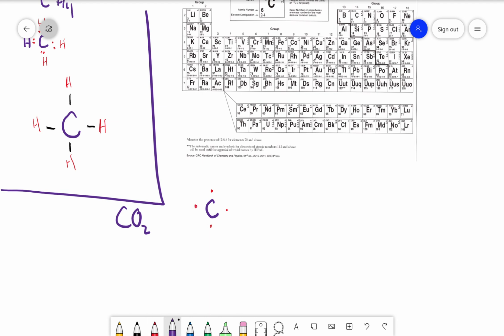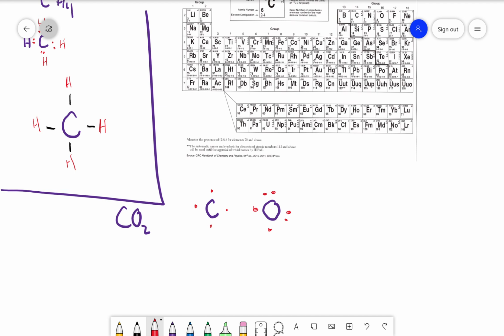We also know that oxygen, if we look at the periodic table, it's kind of small on the screen, but if you zoom in, you'll see that oxygen has 2-6 for its electron configuration. So 6, therefore, the last number, is your number of valence electrons. So let's draw oxygen. We have 1, 2, 3, 4, 5, 6 valence electrons on that.